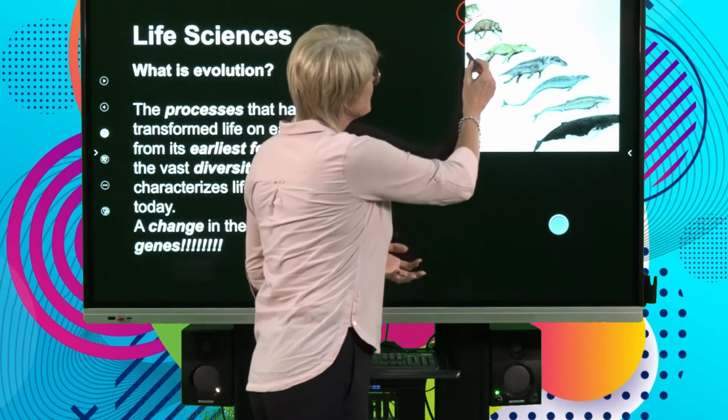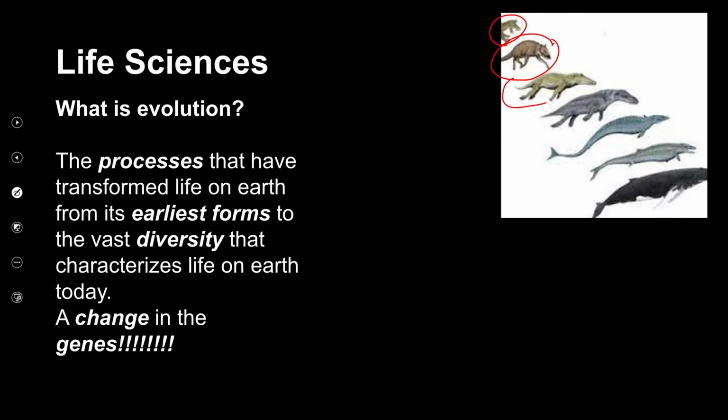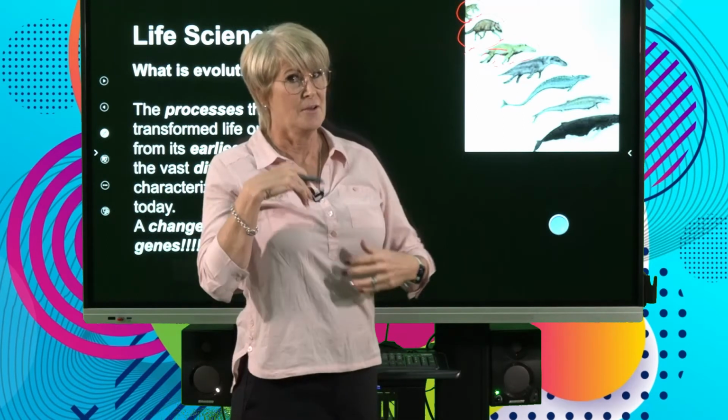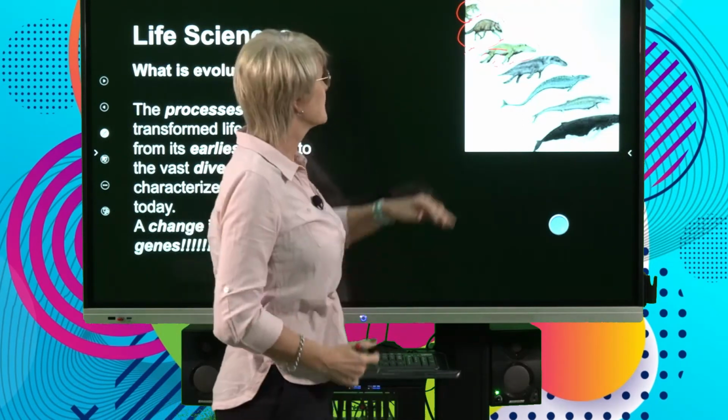In the next organism, you can already see a change in the body shape. The body is becoming a little bit more elongated. The positioning of the limbs has changed so that they are more adept at swimming. Remember, they now need to survive in water. They need to find food. They need to get away from predators.